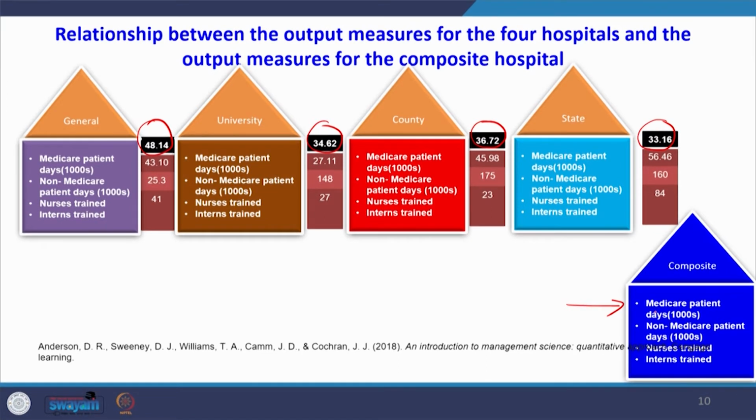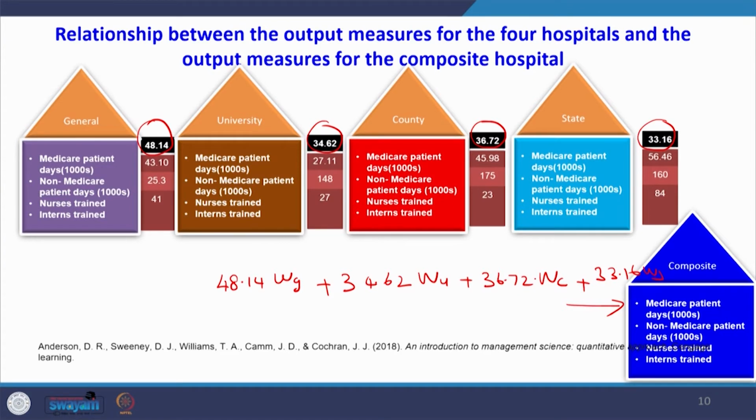So, the output of Medicare patient days for the composite hospital is this one, 48.14 Wg plus 34.62 Wu plus 36.72 Wc plus 33.16 Ws.